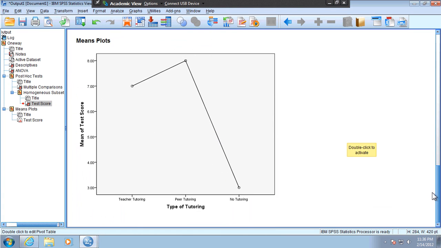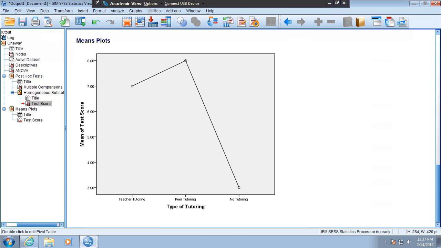The visual display from the means plot also shows you a graphic of these mean differences. What we found was that the ANOVA F test showed us that not all 3 means are equal. The subsequent post hoc analysis showed us that the no tutoring group was significantly different than teacher, the no tutoring was significantly different than peer, but there was no difference, statistically speaking, between the teacher tutoring and the peer tutoring groups.